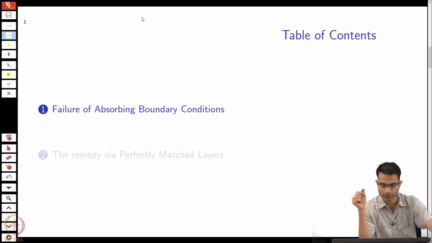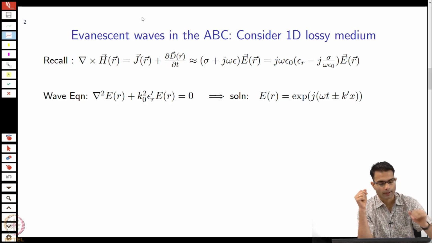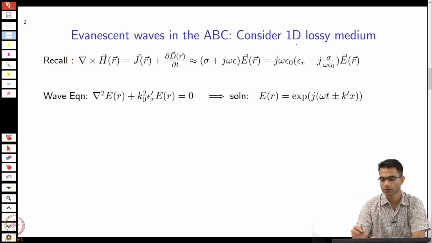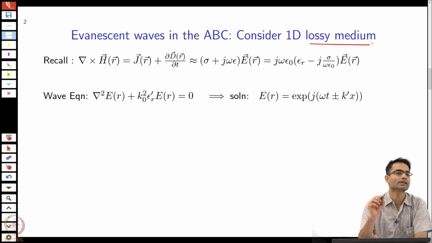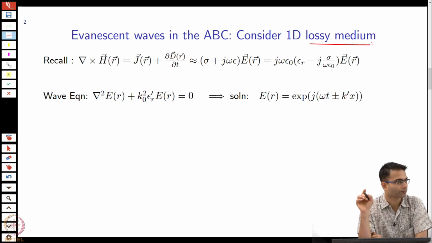Right. So, the failure of absorbing boundary conditions is what we start with, right. So, let us jump in to this discussion by starting by considering a lossy medium. Okay. So, what is different is it is a lossy medium. Previously, when we had looked at absorbing boundary condition, what did we start with? 1D vacuum.